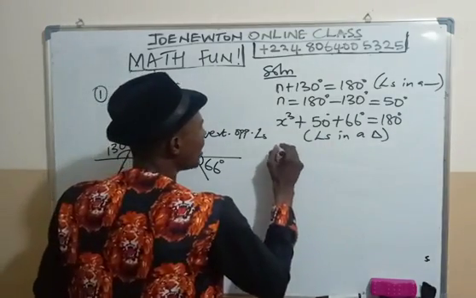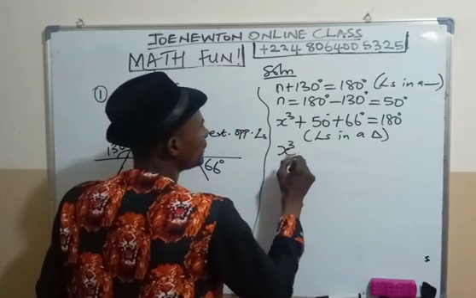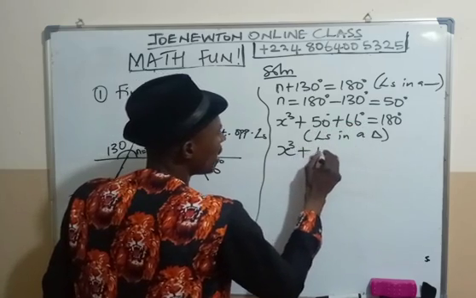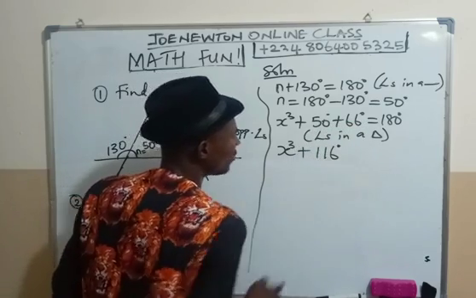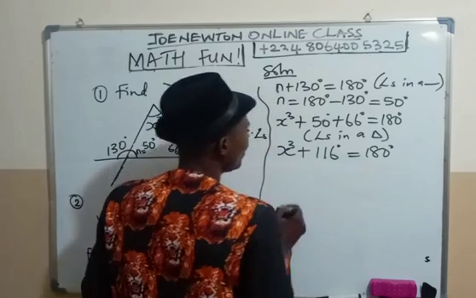Then we now come here, have that x cube plus 50 plus 66 will give us 116 degrees, is equal to 180 degrees.